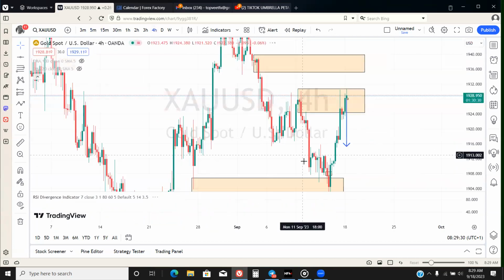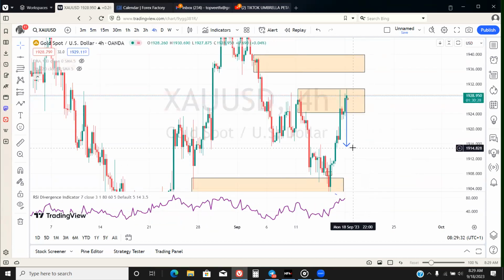Let me look at the chart very well. We should be expecting them to give us our first profit at the price of 1920. Then from 1920, we expect them to give us 1912. Then from 1912, we expect them to come to 1905 again before we look for another opportunity in buying this morning.